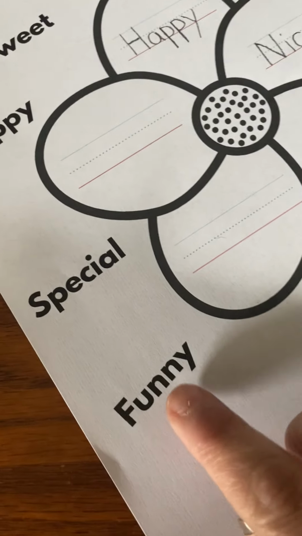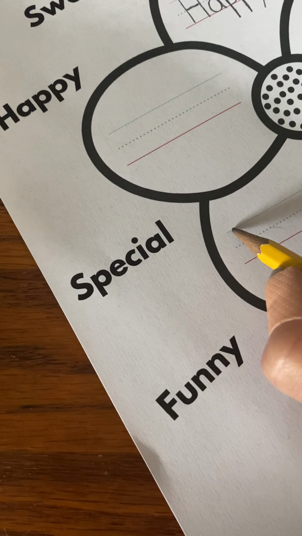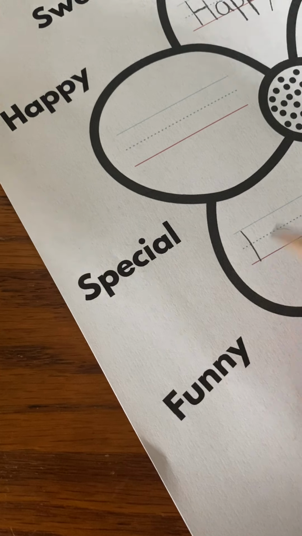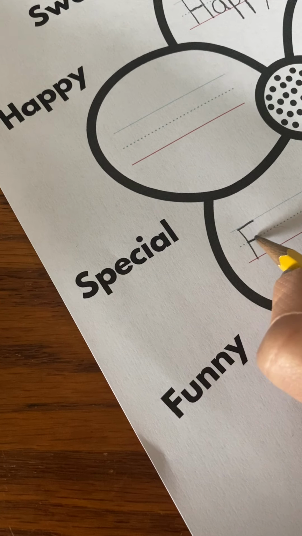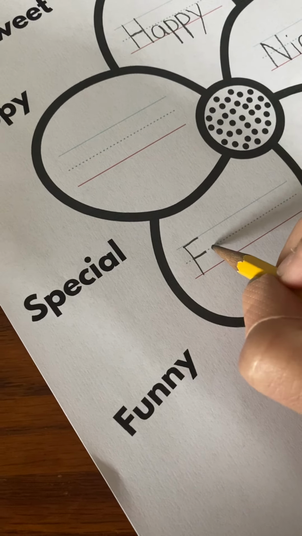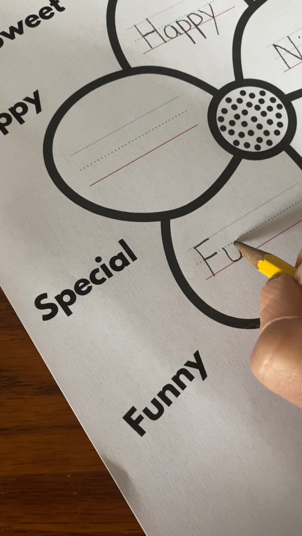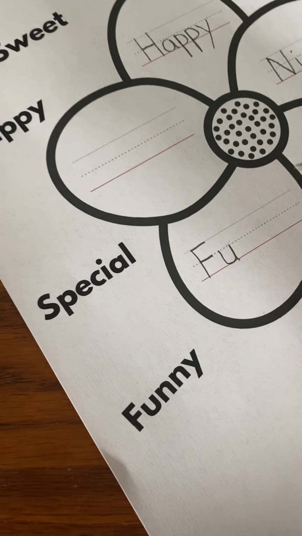My mom is also funny, so I'm going to use that one next. Big letter F starts at the top, big line down, little line across, little line across. A U starts at the midline, bring a little line down, curve, come back up to the midline and pull it down.